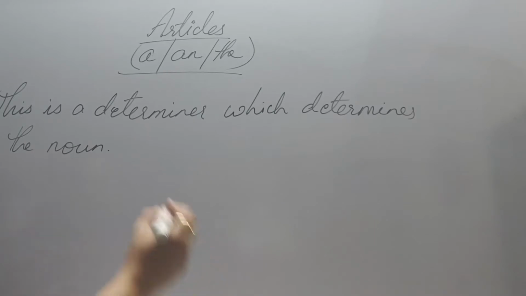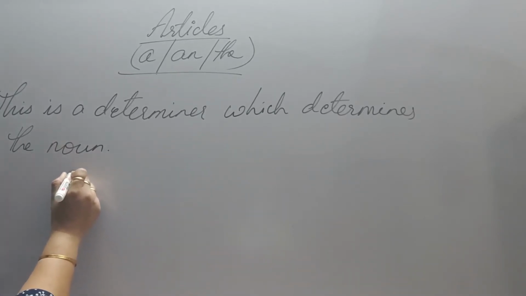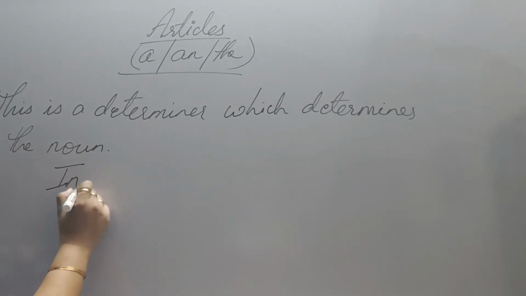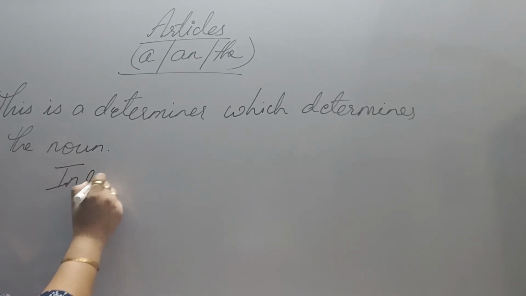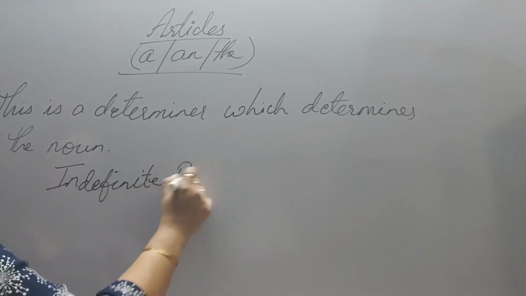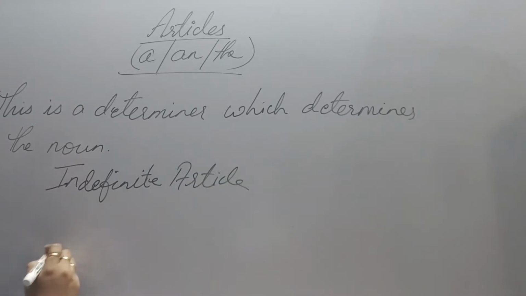Here for example we have, let's say indefinite article. There are basically two different kinds of articles which we've done. One is the indefinite article, and the other one is our definite article.